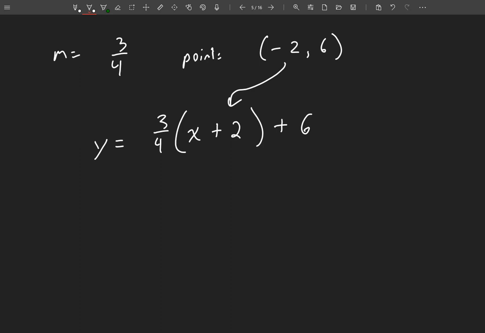Okay. Now, being able to do things like this also gives you a really powerful tool for working with parallel and perpendicular lines. So, for example, let's say I was given a line. Let's say it's y equals 4x plus 1. So I'm giving you a line, and I want a new equation.